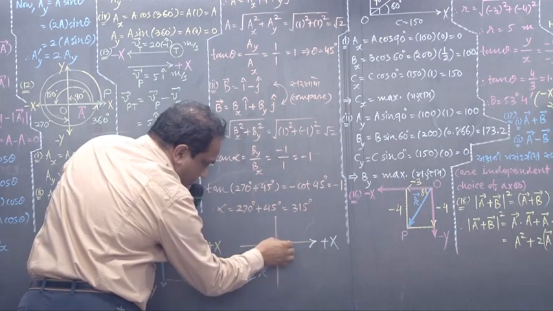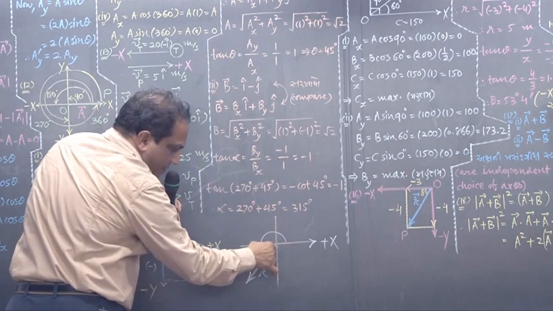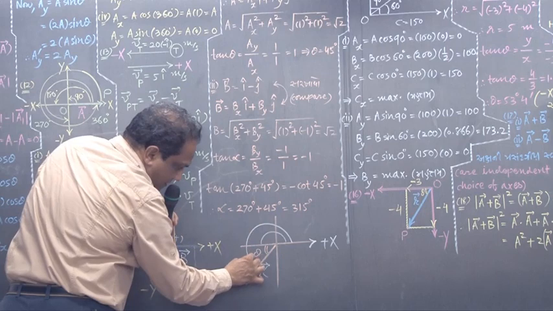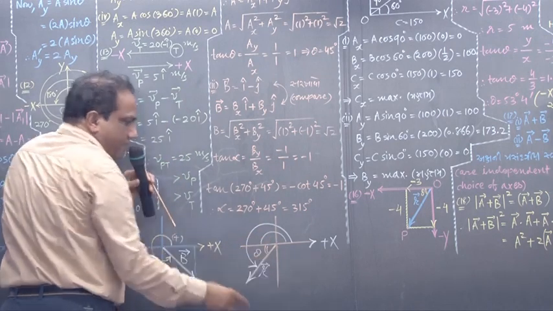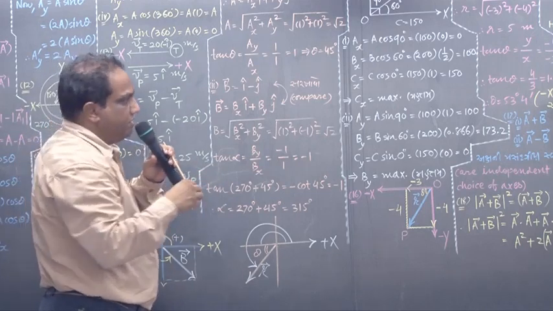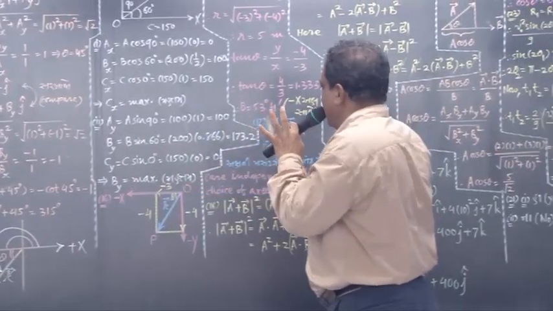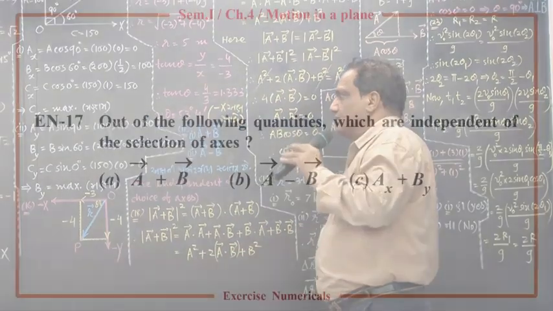This is already 180, and I want the angle made by this vector with the positive x-axis, so you should find out this. This is how much? 180 plus theta. Theta is this much. So that way you can write it down. Otherwise you can write in brackets: with the negative x-axis. Next.